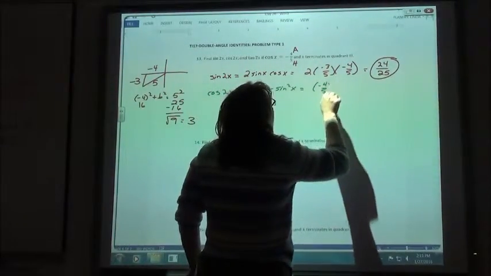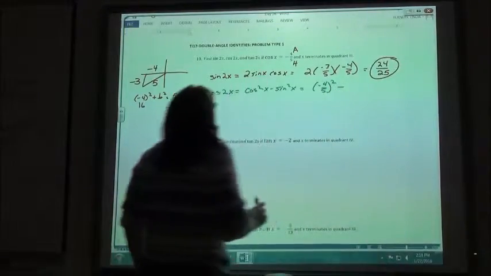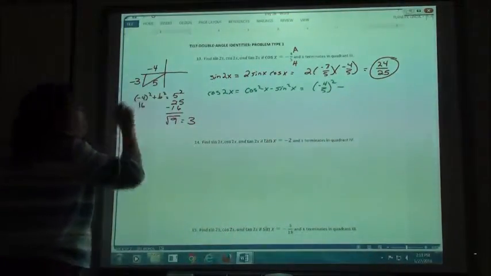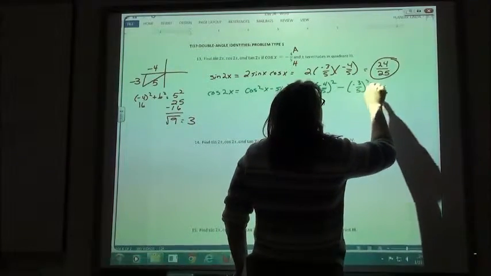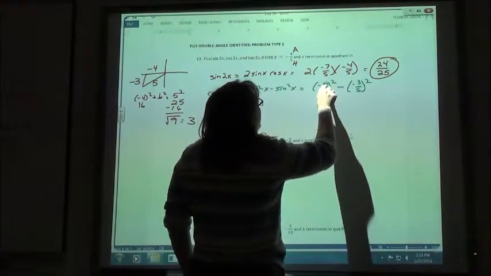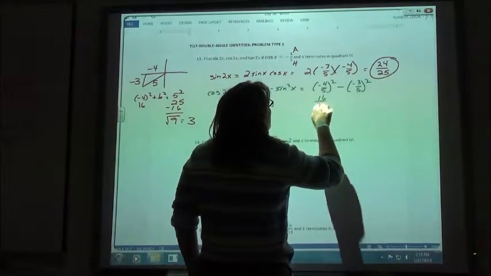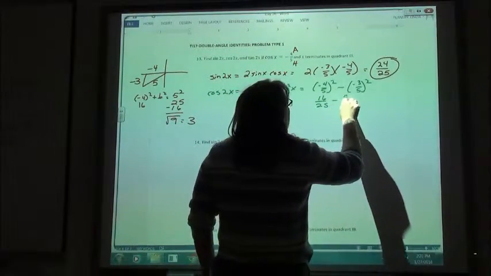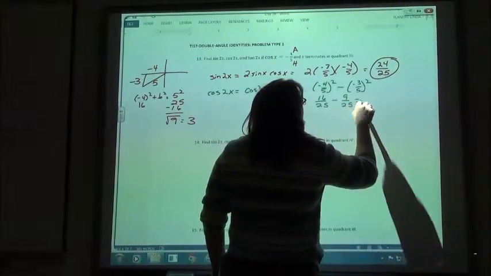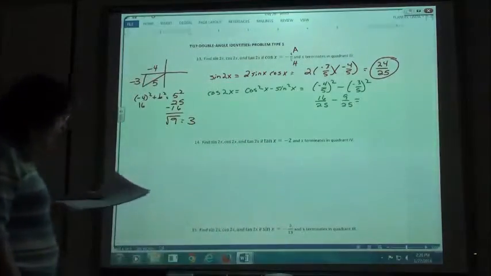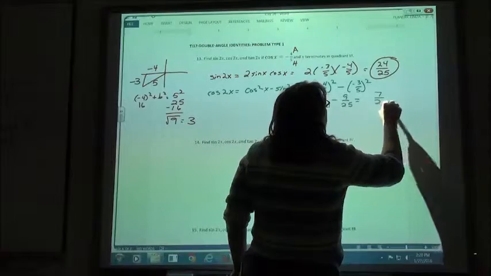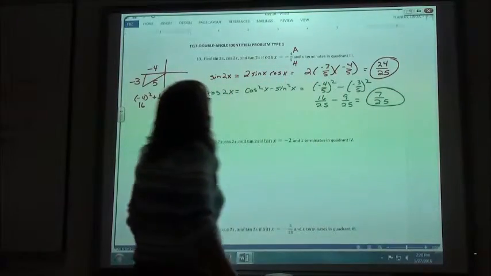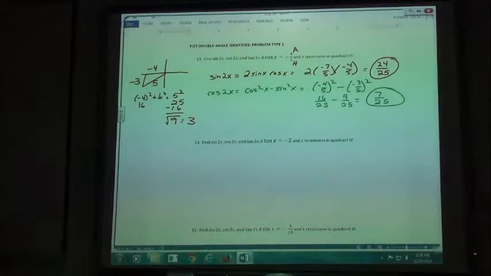Take my negative 4/5 and square it, minus my sine, which was negative 3/5. Got to square that. So I am going to here get 16/25 minus 9/25. And if I subtract 16 minus 9, I get 7/25. And that's my answer for cosine of 2x.